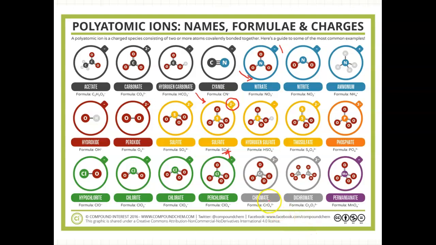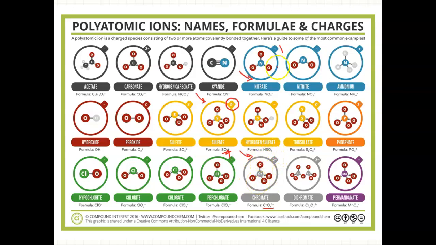All right, let's try another one. Let's try chromate. That's this one right over here. Chromate is CrO4, and it has a -2 charge. So with CrO4, remember those subscripts tell you how many atoms are bonded together. We have the Cr with 4 O's, and they have a -2 charge.